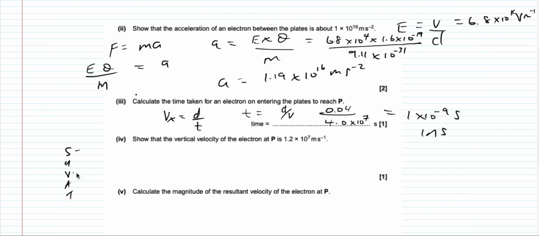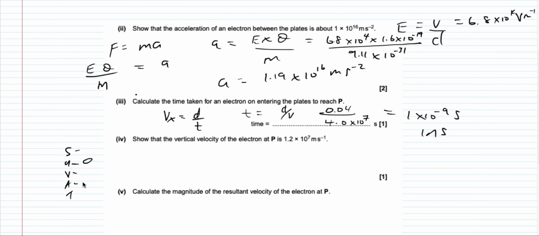So for sure, let's just talk about the velocity. We know that because the object was launched horizontally, the initial vertical velocity is going to equal 0. Sorry, the initial vertical velocity, so u is equal to 0. We're trying to find v.